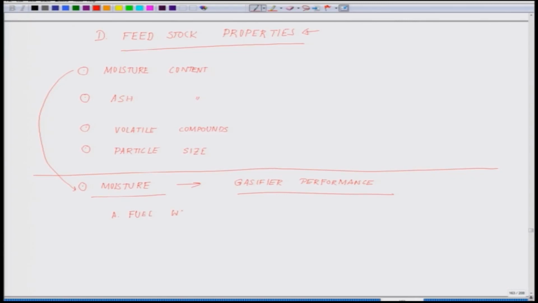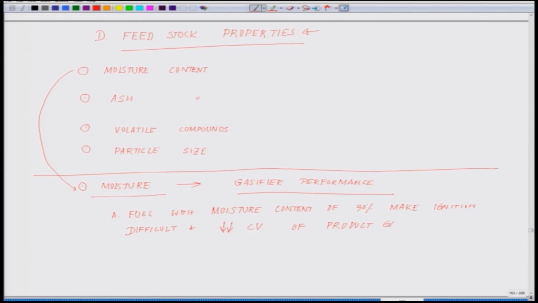Fuel with moisture content of 30% makes ignition difficult and leads to a lower calorific value, I am just putting a downward arrow for the low calorific value of product gas.